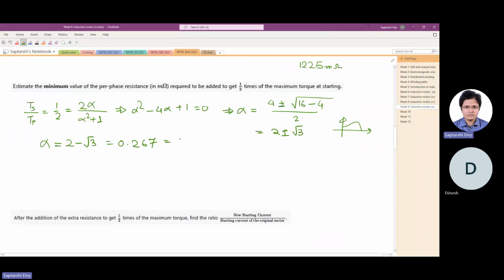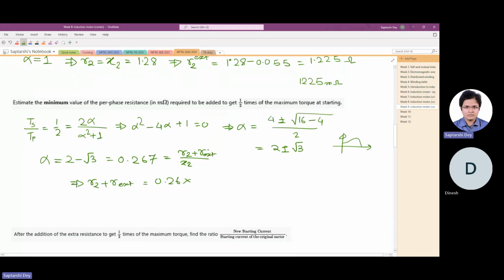Now this is equal to R2 by X2. So what is the new value of R2? Since R2 carries some meaning, we will write R external. So R2 plus R external is 0.267 times X2. That is how much we need there, total 1.28.